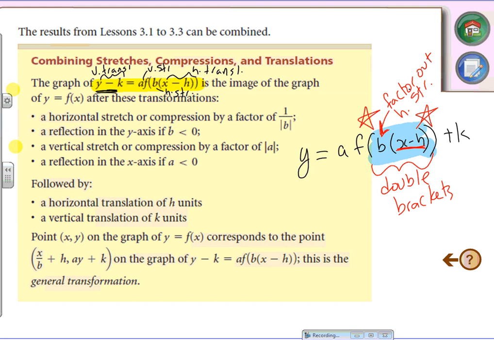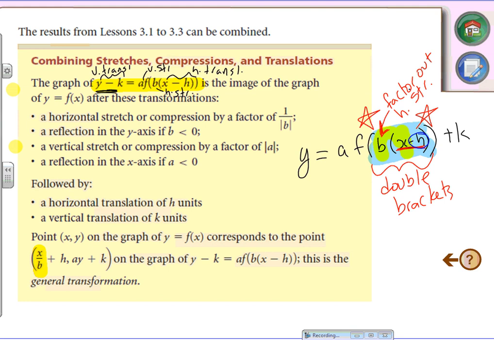If we bring all this together, we've got our x value, horizontal. First thing is the stretch by a factor of 1 over b. Hey, x over b. Then the next one, we got minus h in there. We're doing the opposite.